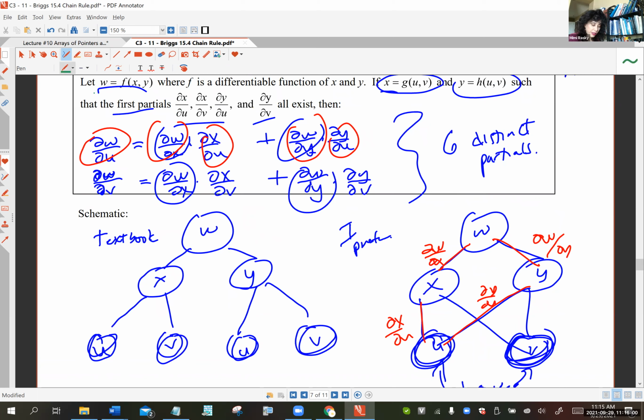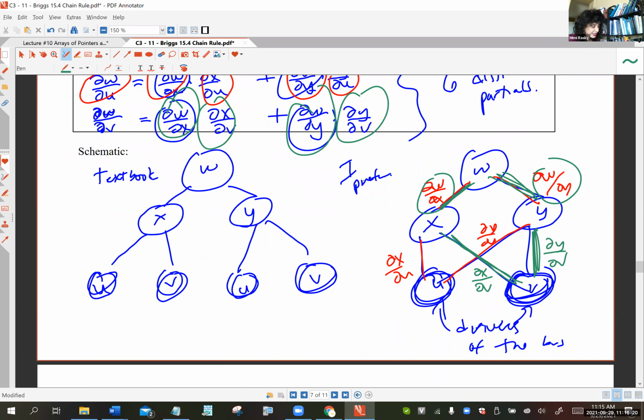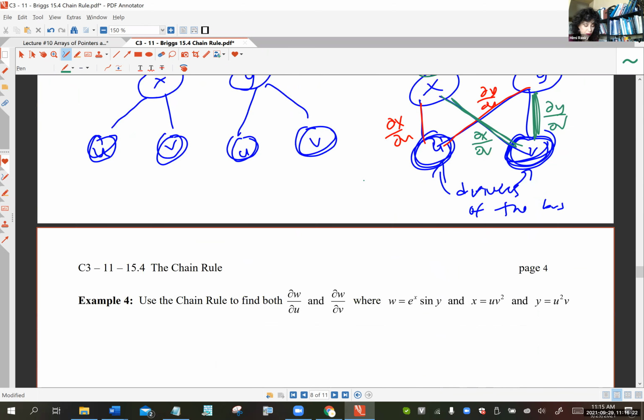I'll use green. So you still have to go down dw dx, but then you go down this branch and get dx dv. Okay? And then you still have to go down the dw dy branch, but then you want the partial with respect to v. So you go down this branch, dy dv. Okay? That's tracing out your tree diagram.